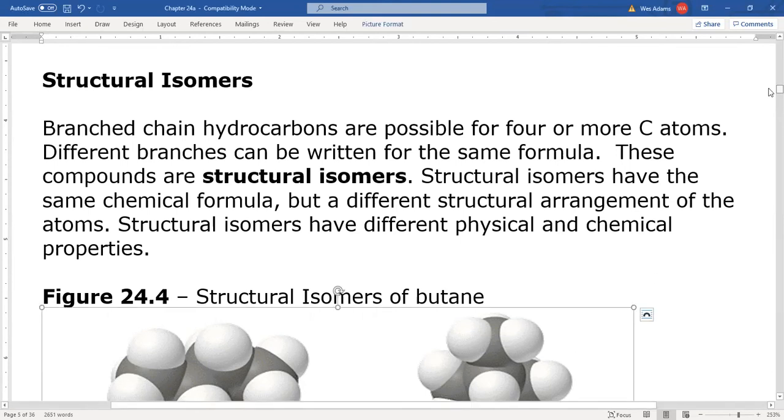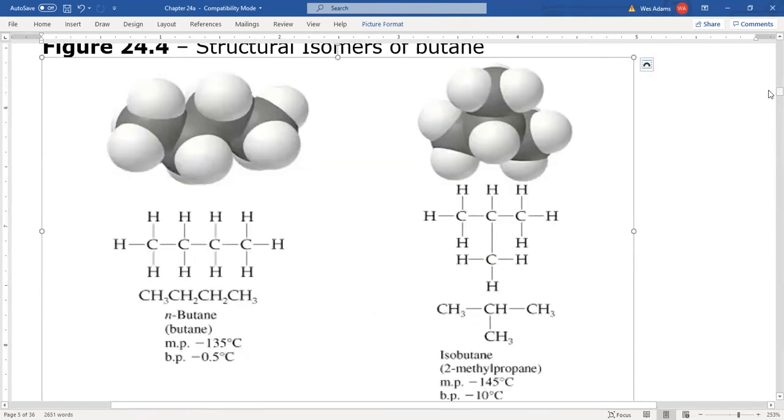So if we look at butane, you can have the normal straight chain butane, which is to the left, which is pretty much what we talked about in the previous video. They call that N-butane because it's just a normal straight chain alkane.